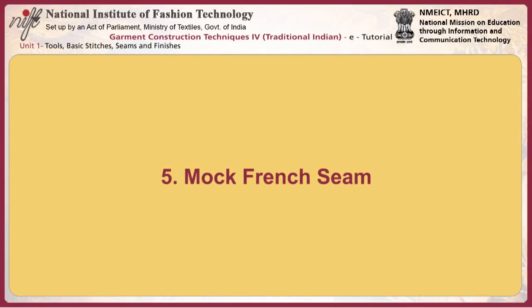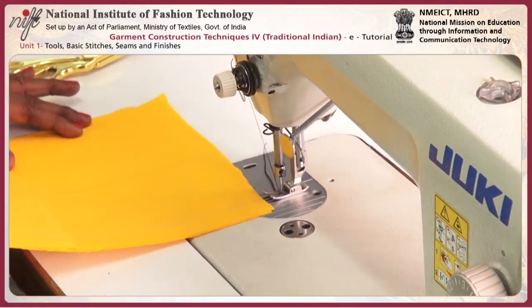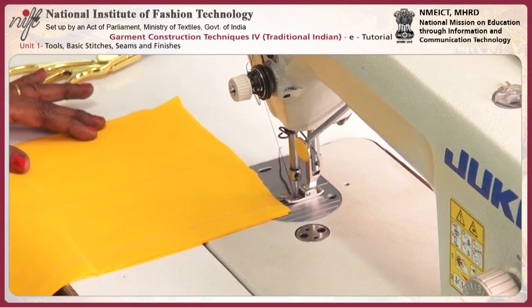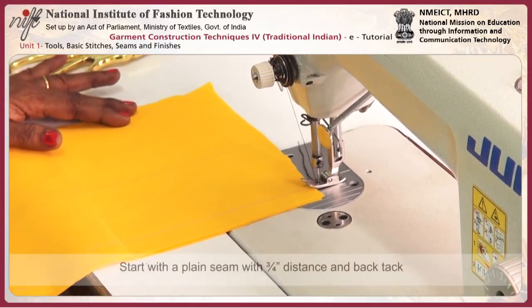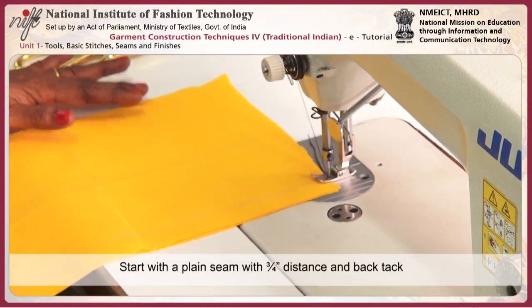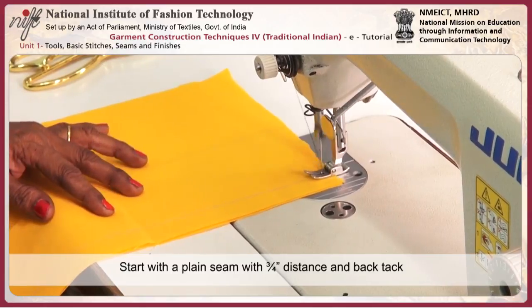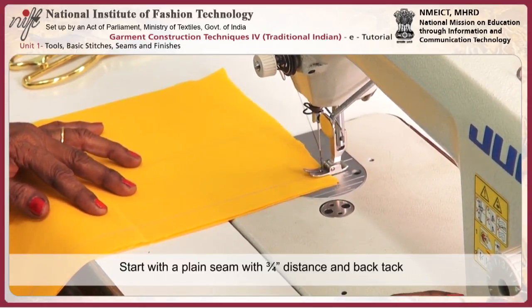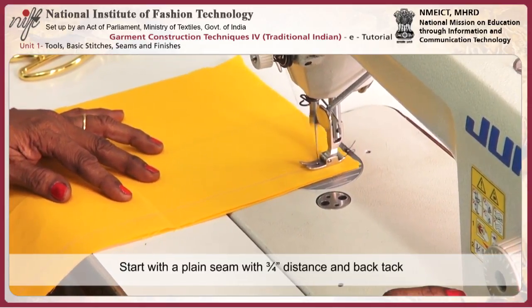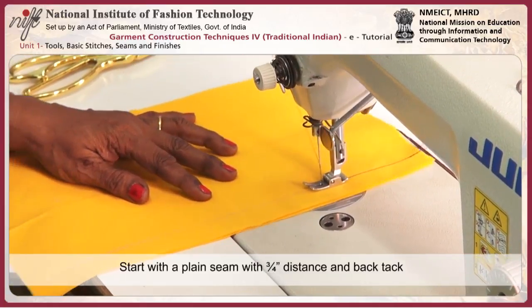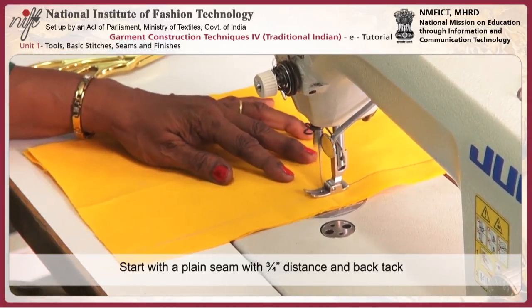Mock front seam. This seam is called mock front seam. You have to start with a plain seam at a 3/4 of an inch distance. Do the plain seam with the back tack. Do the straight seam.